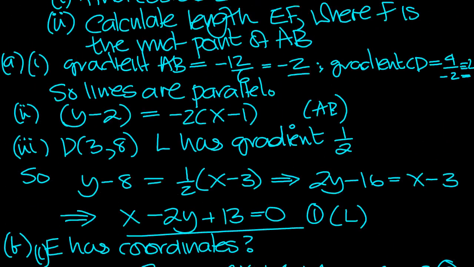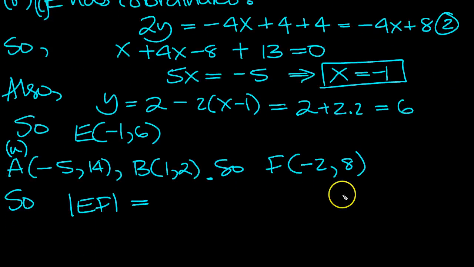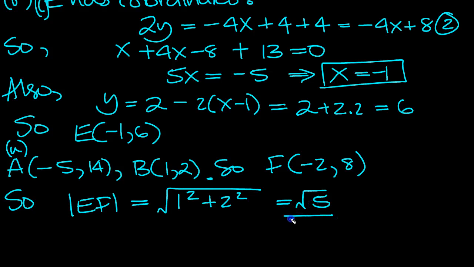It's the last part of the problem. So it's just using Pythag. Minus 1 to minus 2 is a distance of 1 unit difference, so it's 1 squared. And then 6 to 8 is a difference of 2 squared. So we get root 5 using Pythag, 2 sides of a triangle.